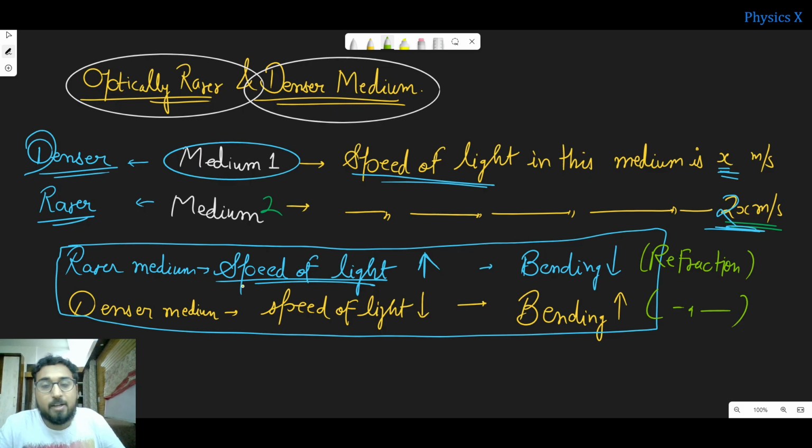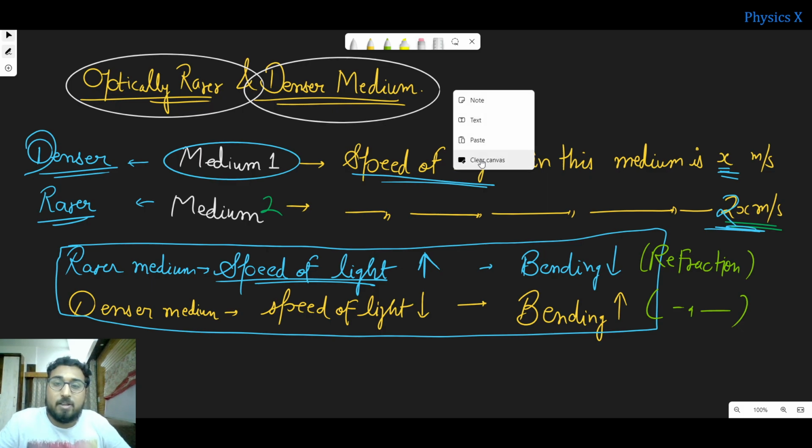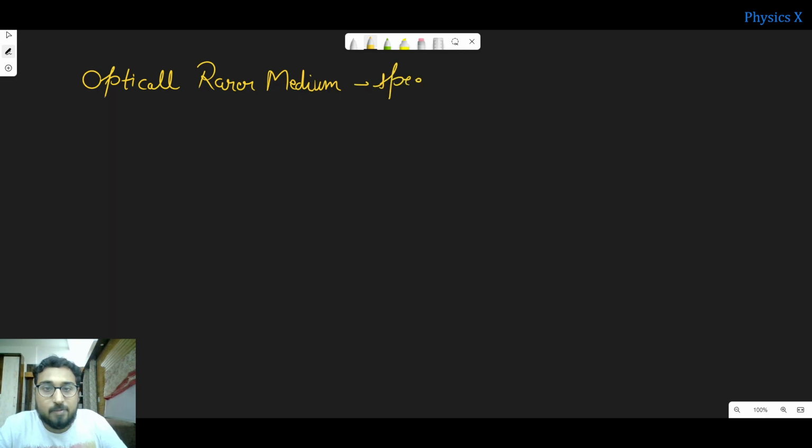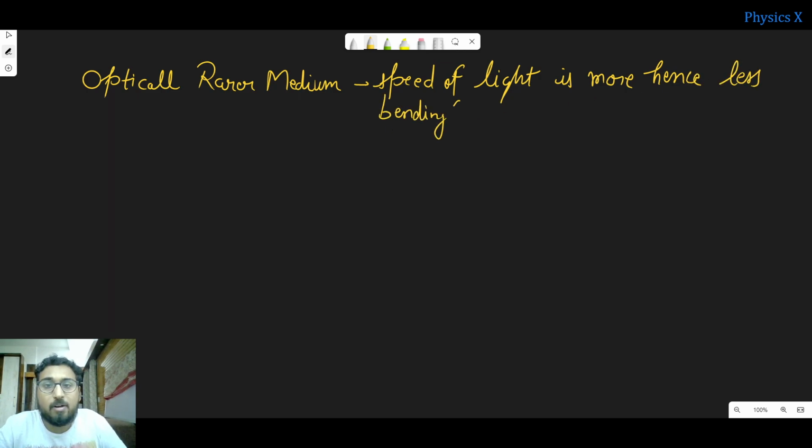So we can now confidently write that in an optically rarer medium, the speed of light is more, hence less bending or refraction.